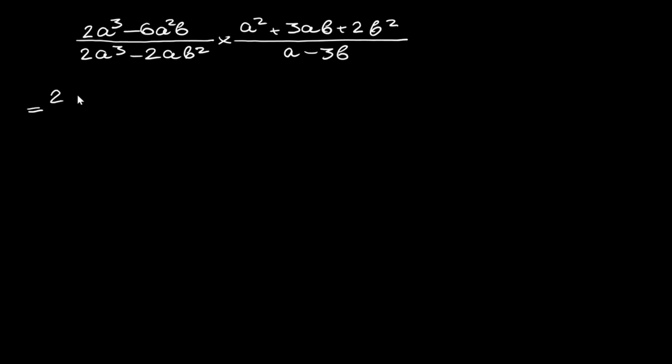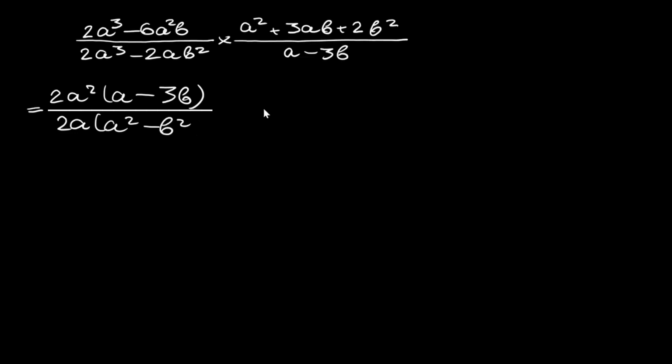And this is 2a squared, because we have 2a squared here and 2a squared here. And in brackets, we get a minus 3b. In the denominator, the highest common term is 2a, because we have it here and here. And in brackets, we get a squared minus b squared.